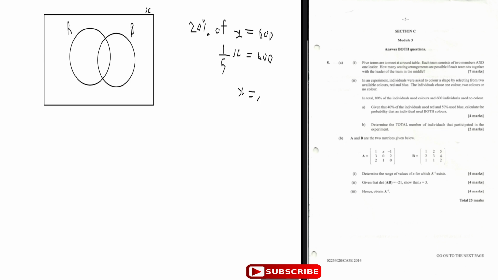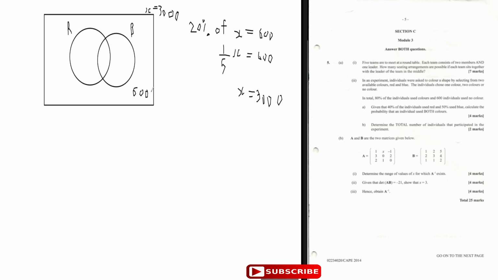So the total number of students is 3000. Now, since this is 3000, then out here it's going to be 600.